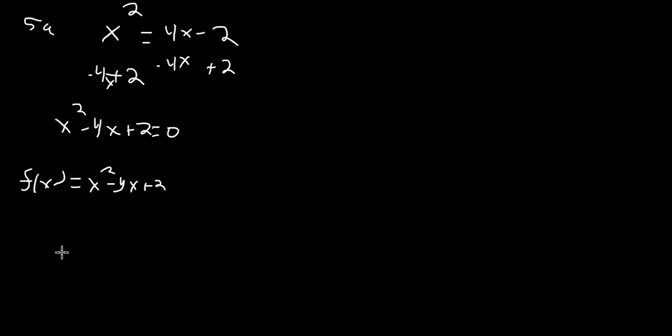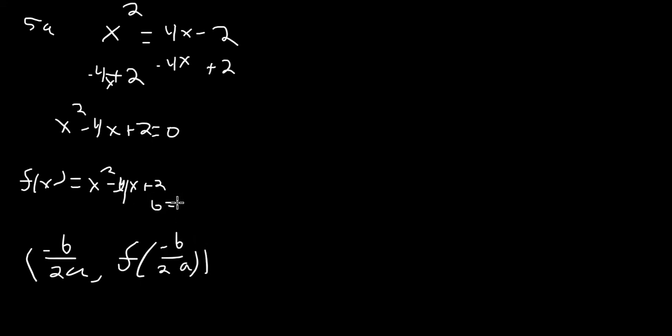Now we're going to find the vertex. The vertex of an equation in standard form is negative b divided by 2a, times f of negative b divided by 2a. So here b is equal to negative 4 and a is equal to 1. So negative negative 4 divided by 2, f of negative negative 4 divided by 2.